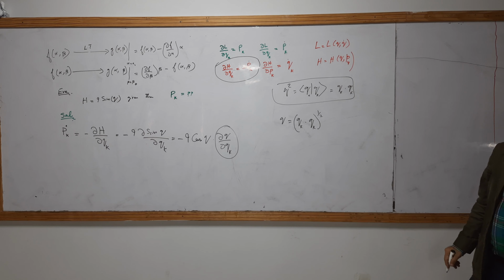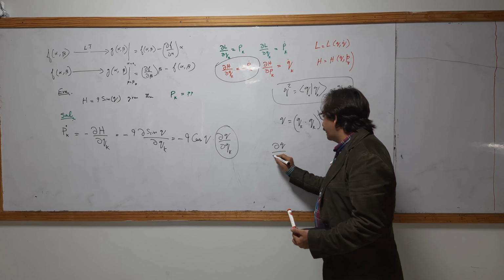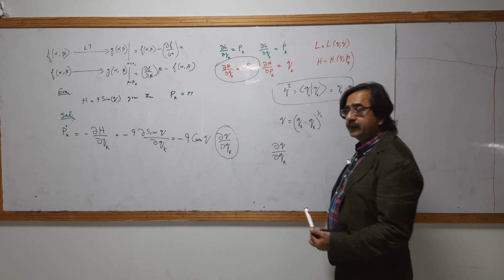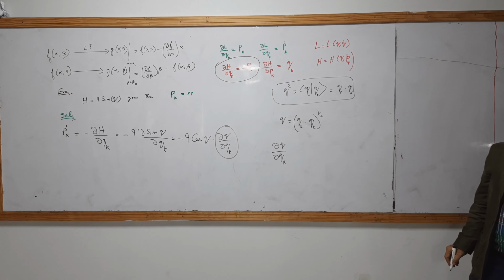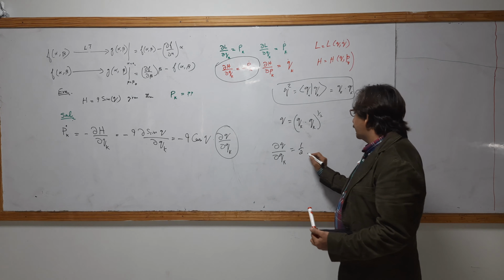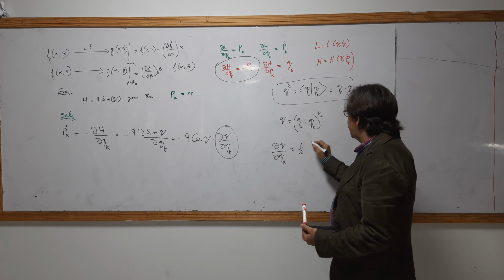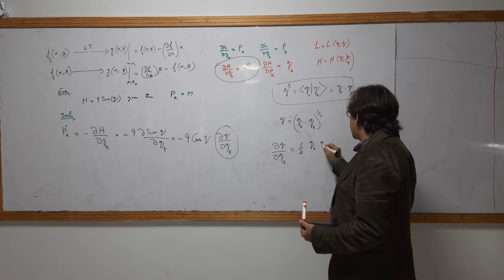So if we take the derivative of Q with respect to QK, firstly the power will be 1/2, and this will become minus 1/2 times QK dot QK.